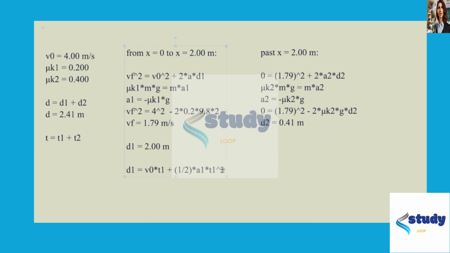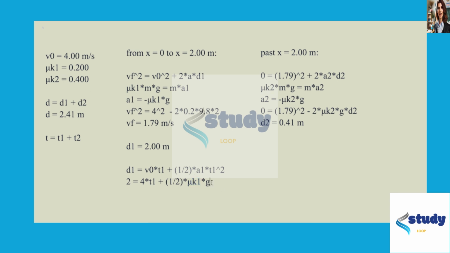So here we have t1. Here we want to find t1. So we're just going to plug in everything that we know here. So we know D1 is equal to 2. V0 is going to be equal to 4. And we're going to have A1, we found is this. We can plug this in directly if we want.